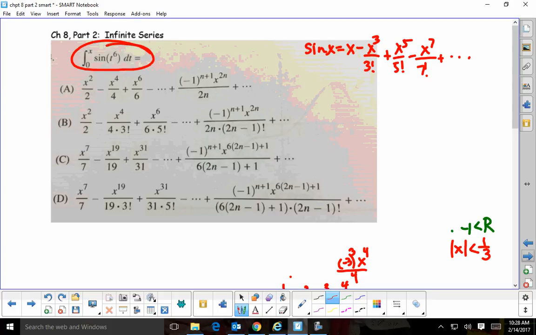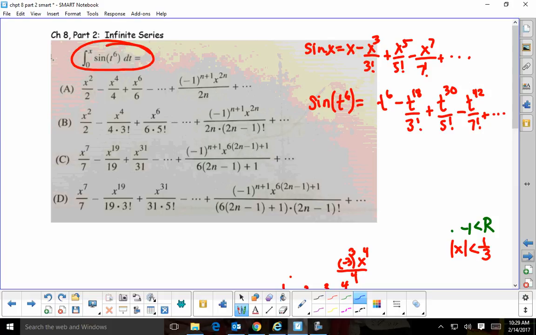Very good. Just wait. And then after I have that, what do I finally get to do? Integrate from 0 to x.